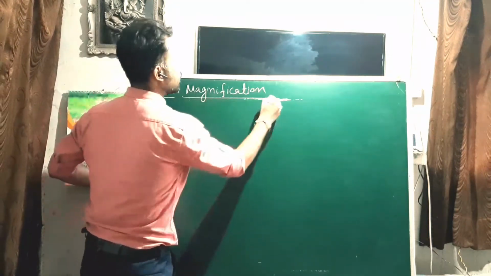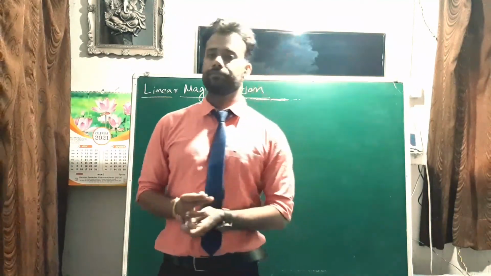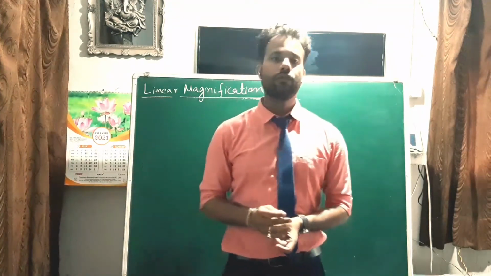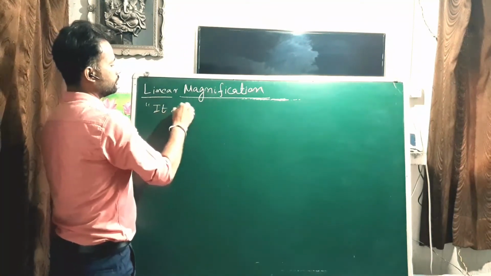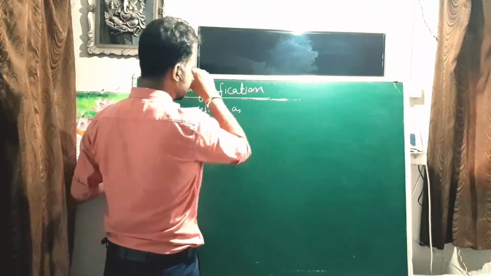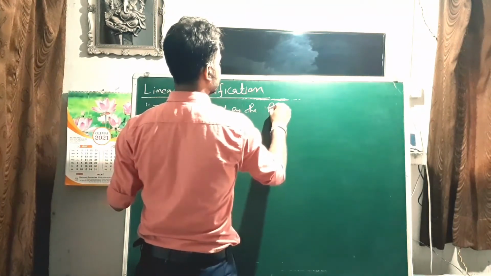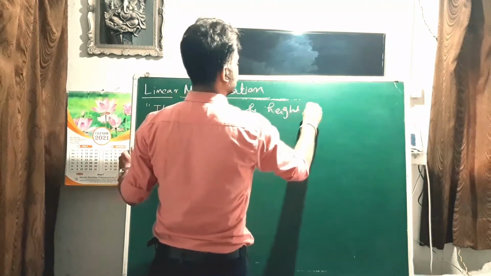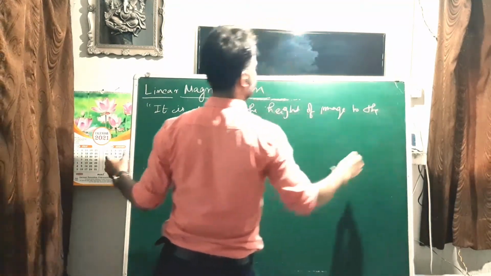Linear magnification. You must have studied this topic in class 9 also. What was this? It is defined as the ratio of the height of image to the height of object.